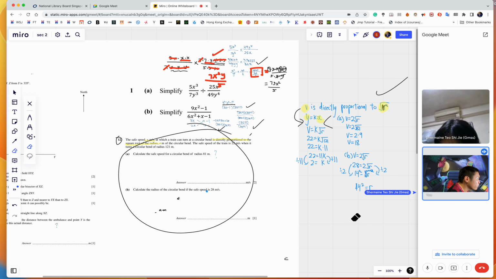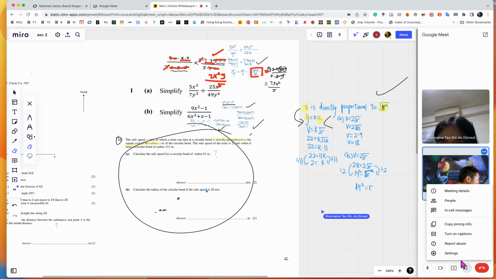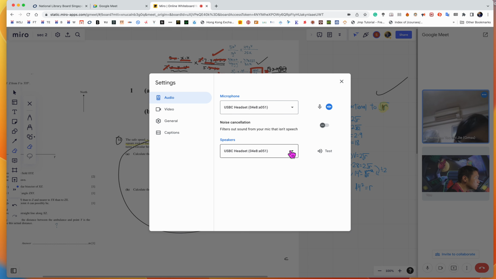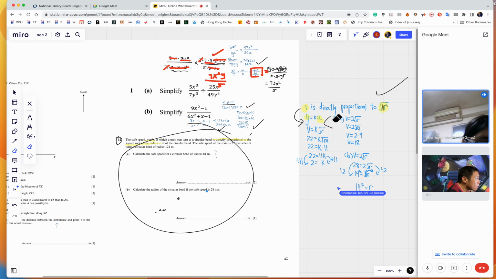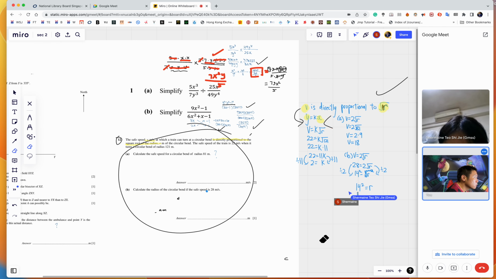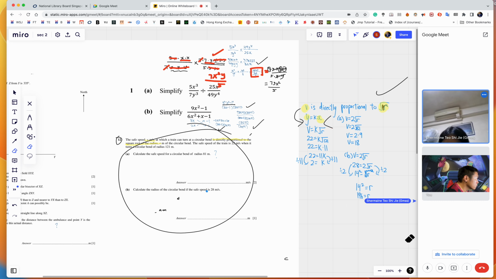Wait, is it 14 or 44? 14 or 14 square? 14 square. Okay. So what's the answer?